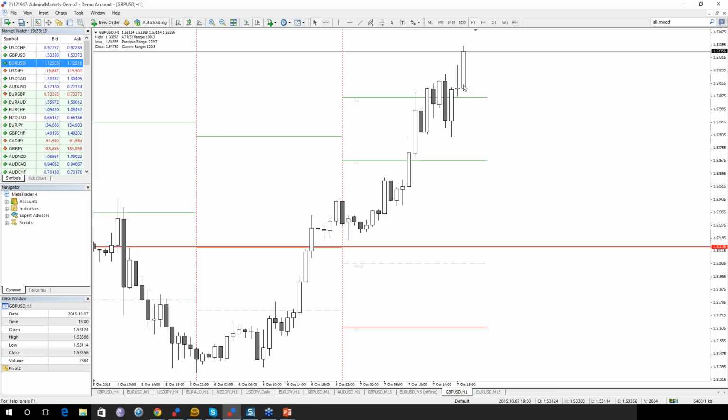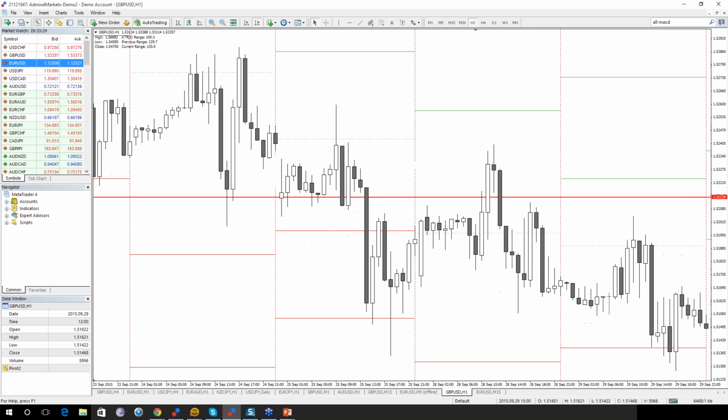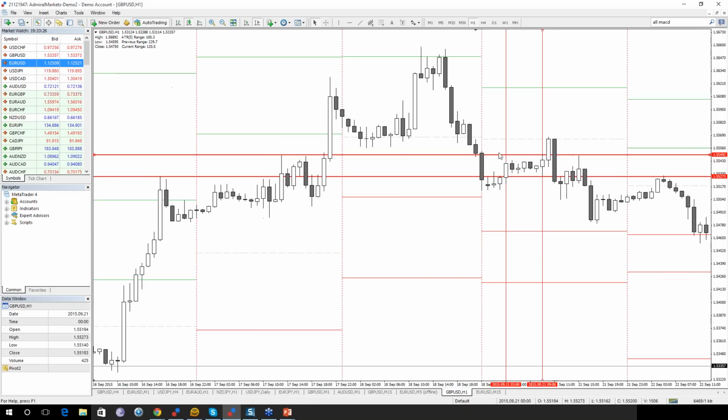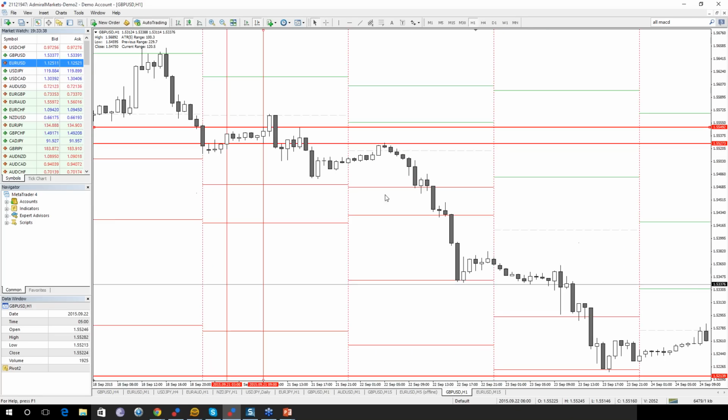So this candle opened at 7 o'clock and it will close at 8 o'clock. Same here. This candle opened at 9 o'clock and it closes at the first second of 10 o'clock. So that is when the breakout happens.